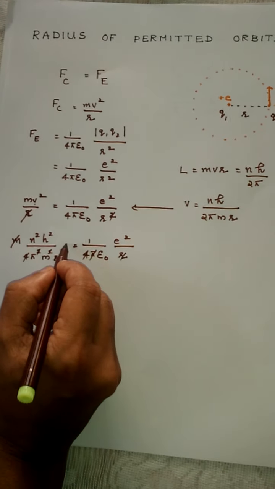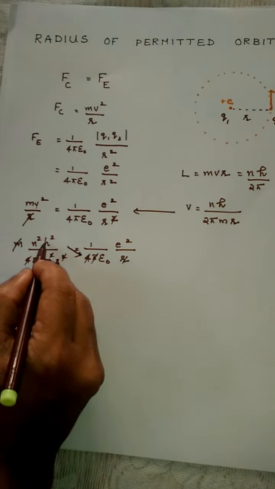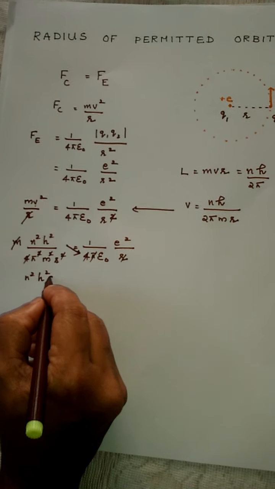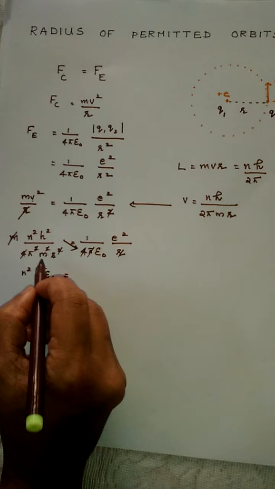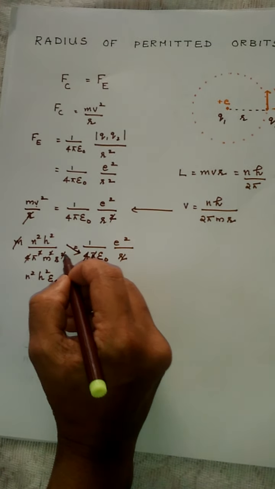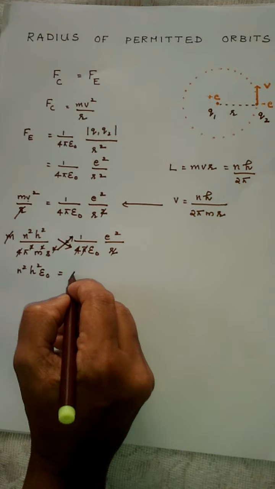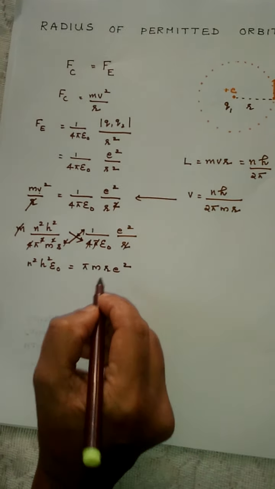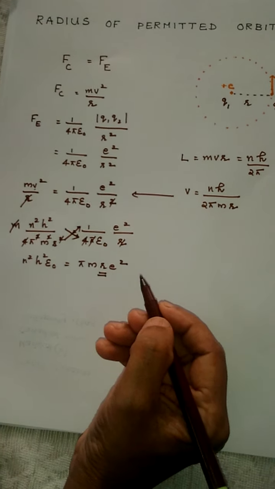So let us cross multiply. n square h square epsilon 0 is equal to pi m r into e square. And let us find the value for radius.